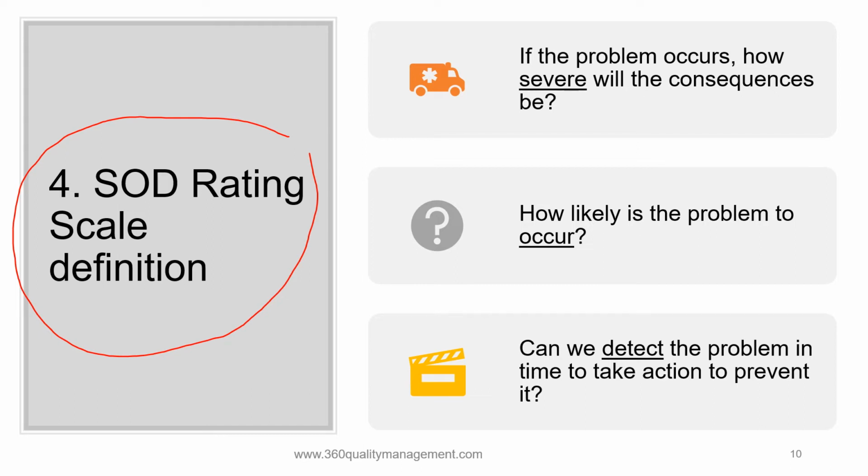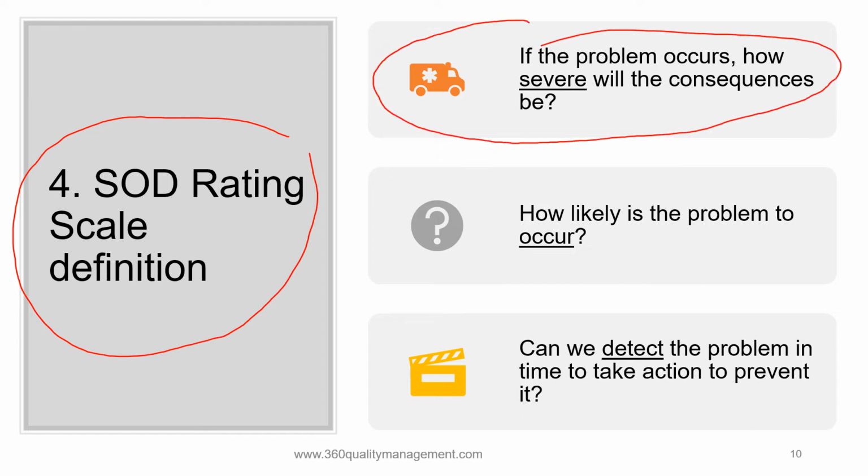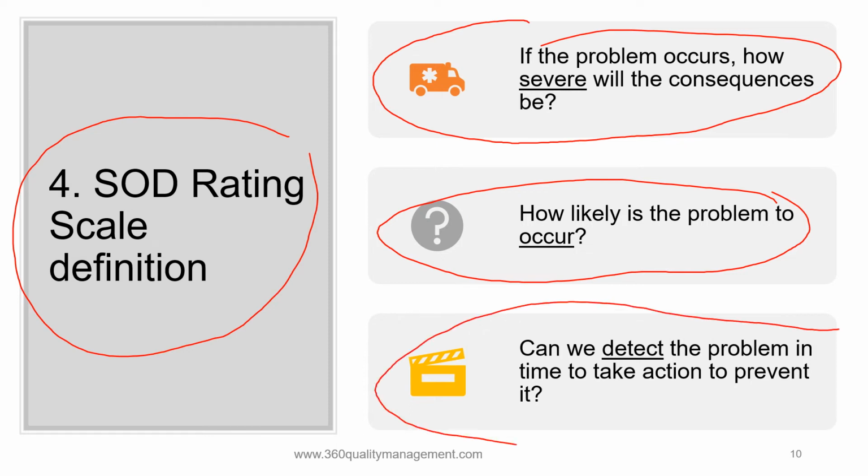The team must define the rating scales of the problem in relation to severity, such as, if the problem occurs, how severe will the consequences be, especially to the customers or the end user. Second would be how likely the problem is to occur, and what detection mechanisms are in place to detect the problem early, and actions that can be taken to prevent the failure.